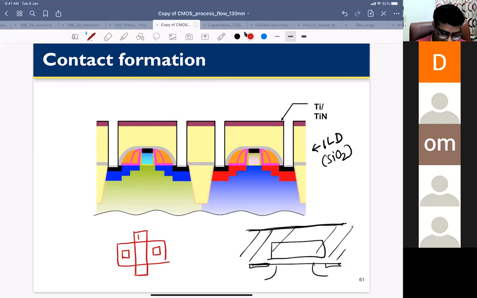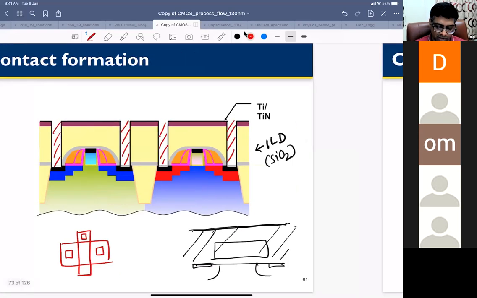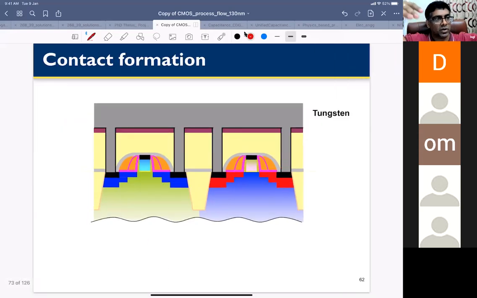And your gate contact here also, right? So for these contacts, what is done is you deposit interlayer dielectric, planarize the surface, then you etch holes, right? These are the holes that you have etched, and then fill these holes with tungsten, right? So basically this hole is filled with tungsten.